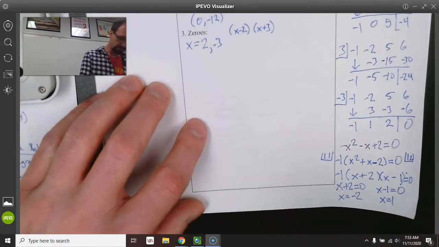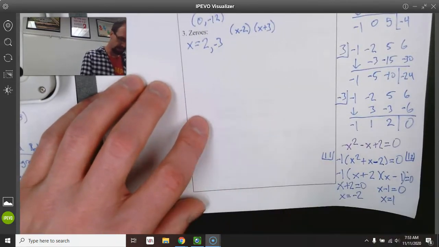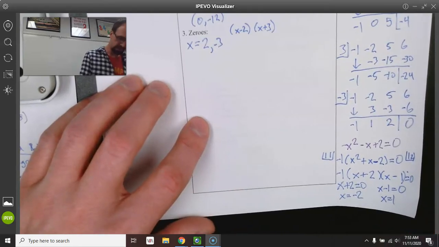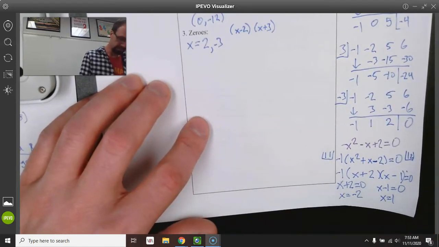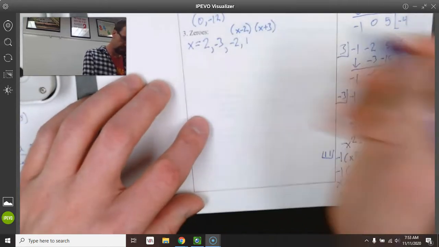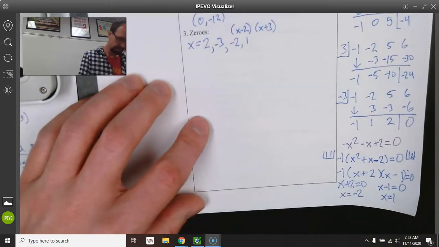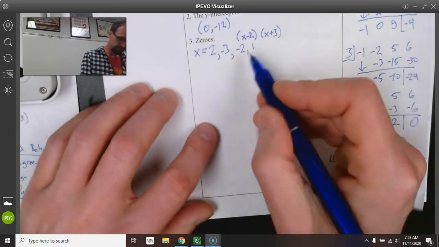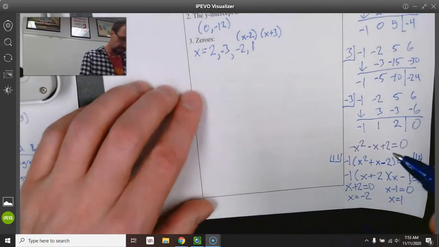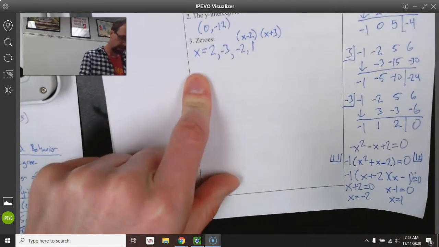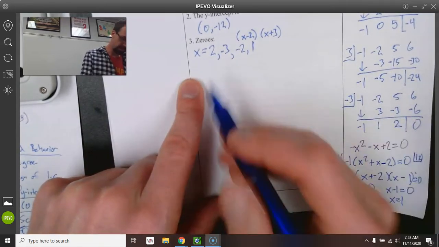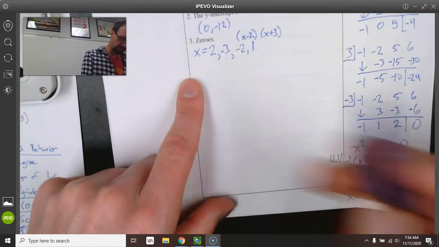So here I have zeros at x equals negative 2 and x equals 1. And going through, now we have 1, 2, 3, 4 zeros.